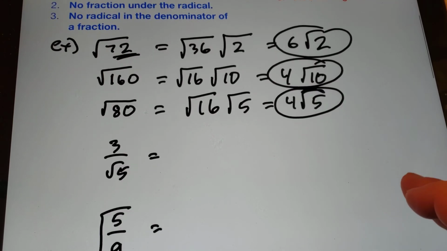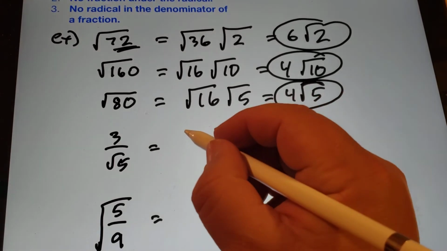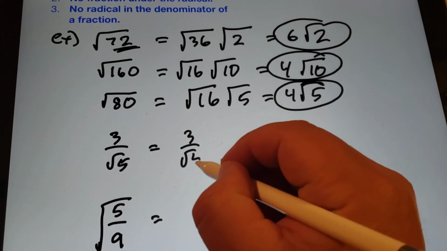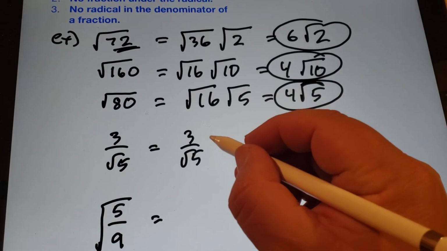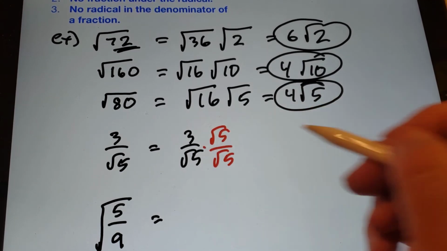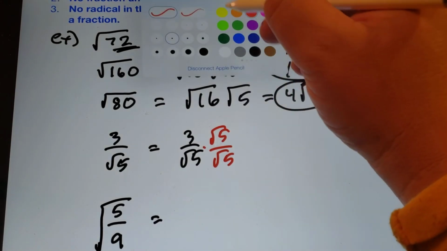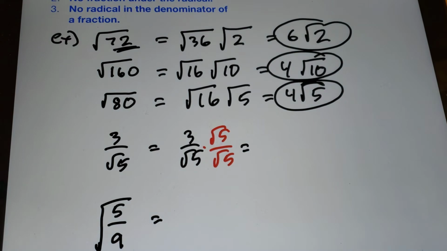All right, so that was just applying rule number 1. Actually, this one looks like it's rule number 3. So rule number 3 is no radical in the denominator. So I have this 3 square root of 5. And you know what I'm going to do? I'm going to multiply it by square root of 5 over 5. What that's going to accomplish is it's going to give me this pair: square root of 5 next to another square root of 5.